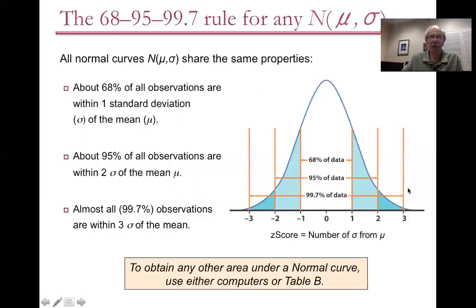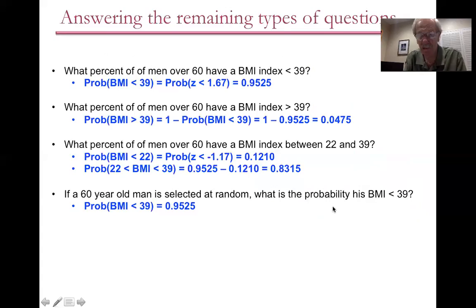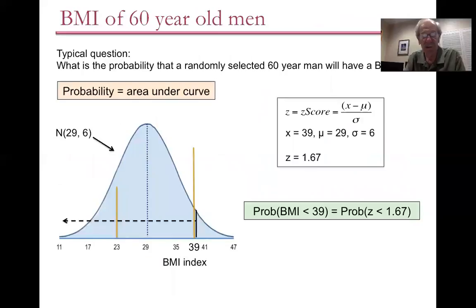So the important thing here is that if you have a population, let's go back to the BMI one. If I have a population 29, and we already know that this 23, the standard deviation was 6. So the first standard deviation is here and the second one is here. So 95% of all men over 60, 95% will have a BMI between 17 and 41.